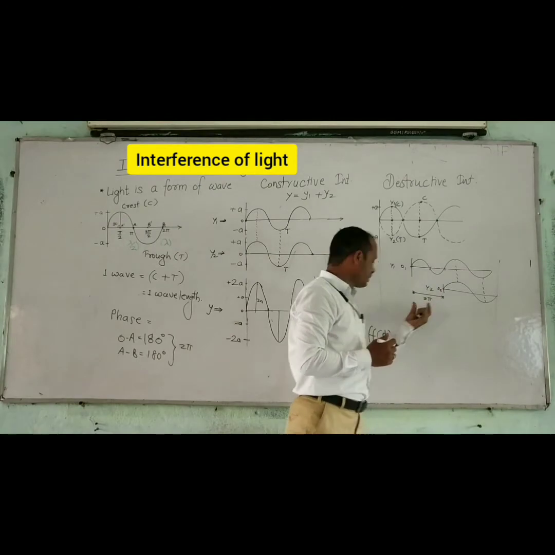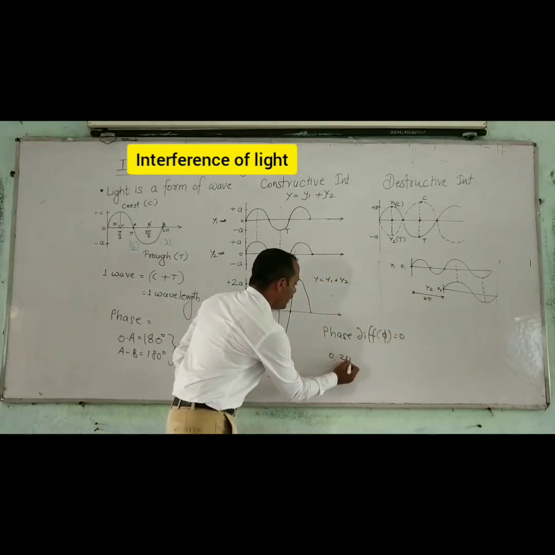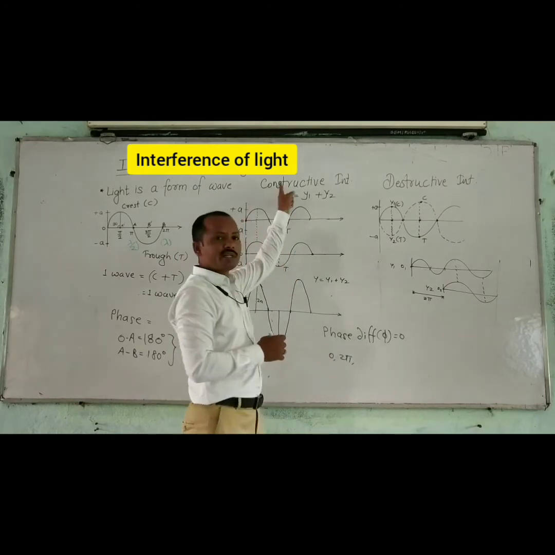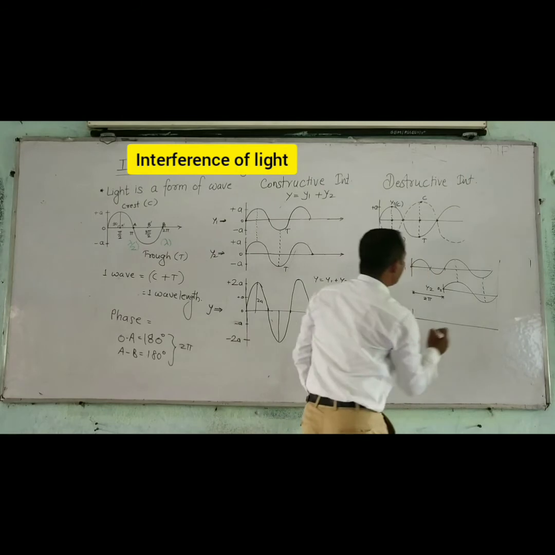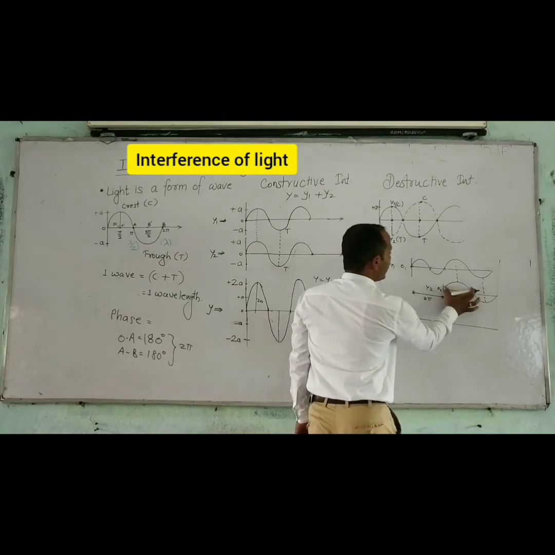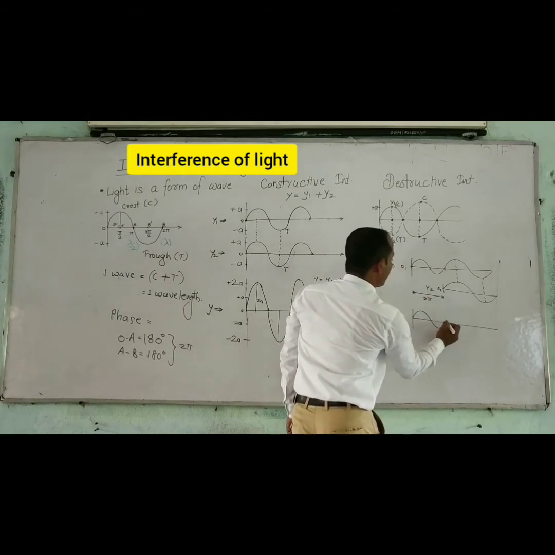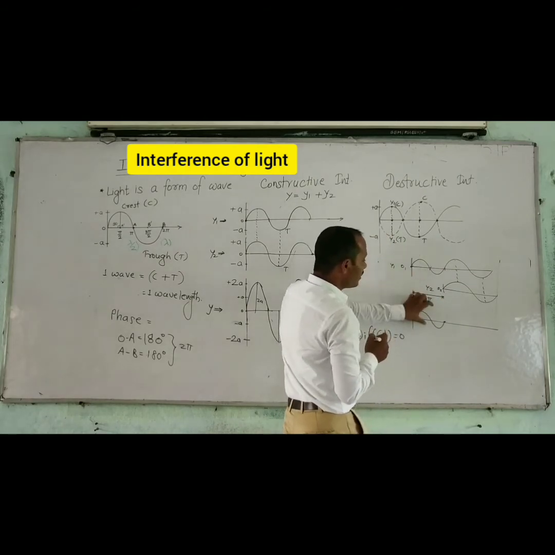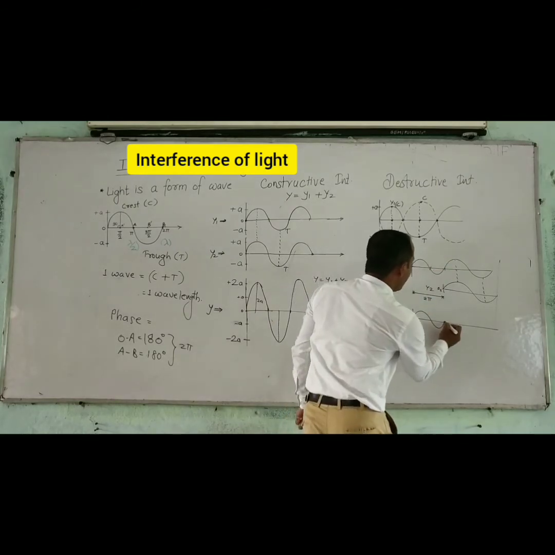When the phase difference is 0 or 2 pi, we get constructive interference. We can draw using the diagram. Actually, in this part there is no interference here, but after this point there is an interference. Therefore, we can draw the diagram like this, because single wave is represented as it is, and crest we get addition of crest.